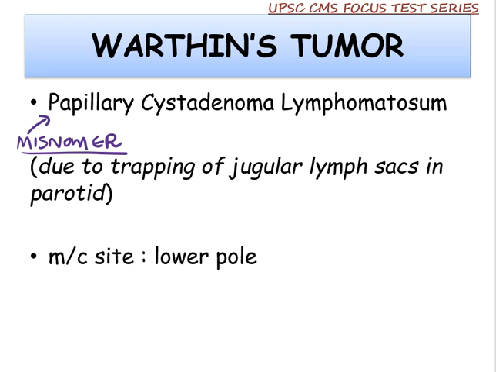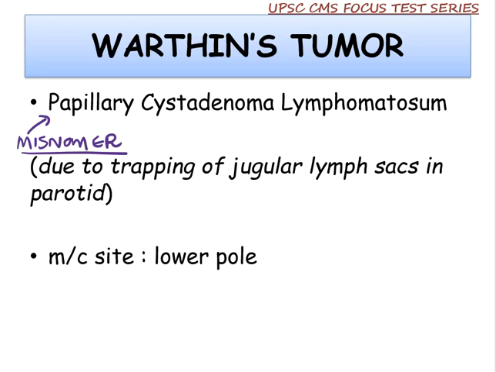Now then, why did this name come into picture? This is because of the appearance of the tumor noted in histology, where they found that in addition to adenomatous lesions, there is also lymphoid tissue present in the lesion. That is why they called it cystadenoma lymphomatosum or cystadenolymphoma.